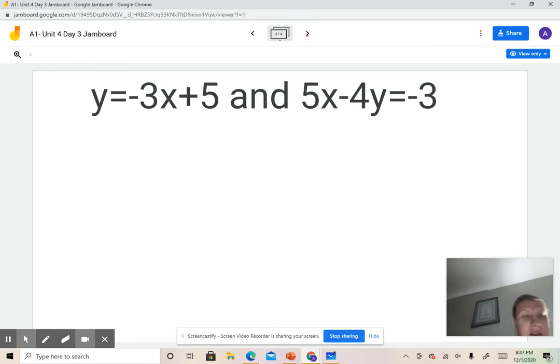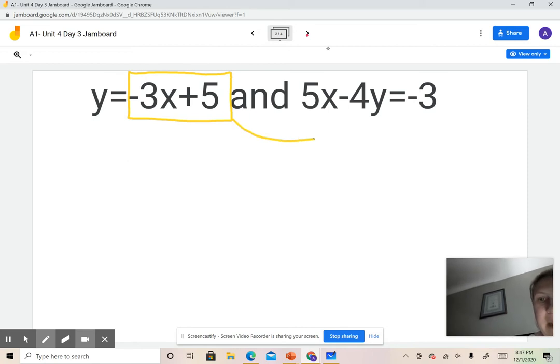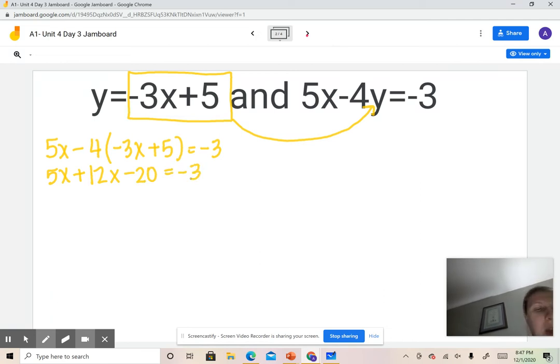Okay, let's try the next one. Do you have a variable by itself? You do. Y is by itself. So I'm going to take this and plug it in for y. So 5x minus 4, instead of y, put what y equals. So negative 3x plus 5 equals negative 3. Distribute, so 5x plus 12x minus 20 equals negative 3.